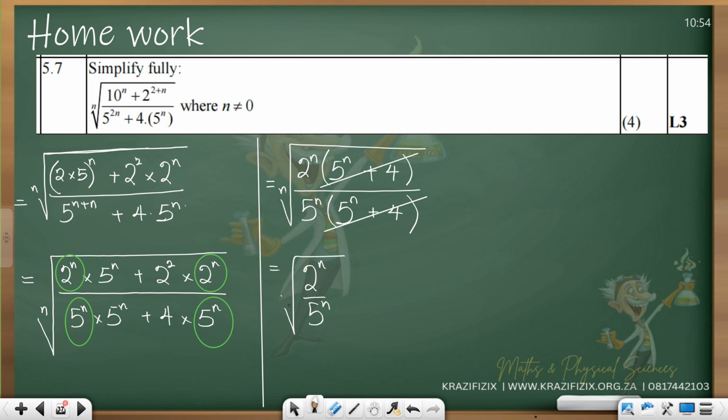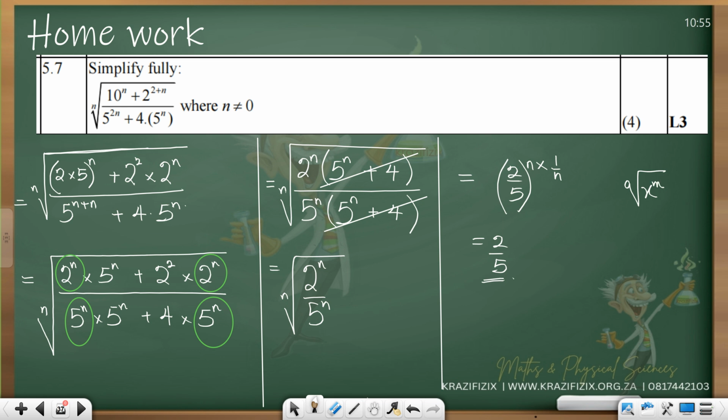Let's simplify. I see my answer already. This leads us to 2 over 5 to the power of n times 1 over n. You must know the rule we're using here: x to the power m over a. If you remember your laws of exponents.